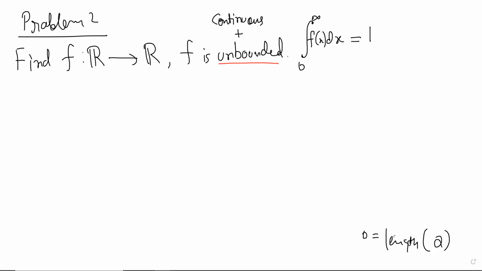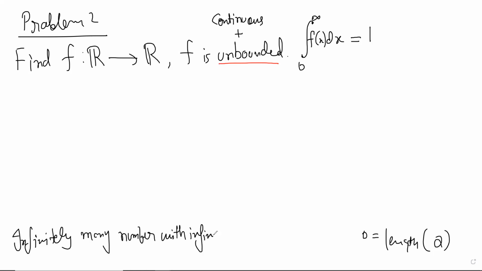The whole idea was infinitely many numbers with infinitely small sum. Infinitely many numbers, becoming infinitely small, but even the sum was infinitely small. That was maybe the new thing: second order smallness.